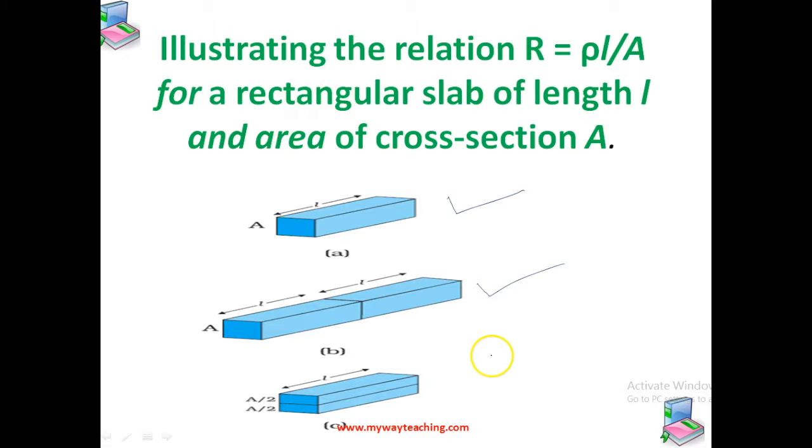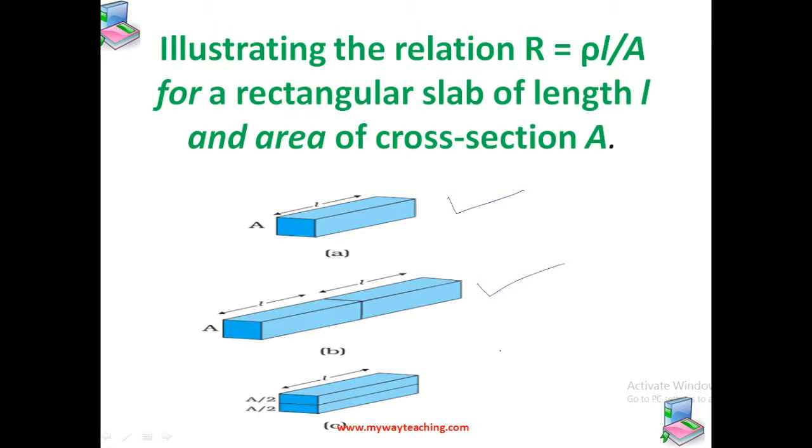The current flowing through the combination is the same as that flowing through either of the slabs. If V is the potential difference across the ends of the first slab, then V is also the potential difference across the ends of the second slab, because the second slab is identical to the first and the same current I flows through both slabs, isn't it?